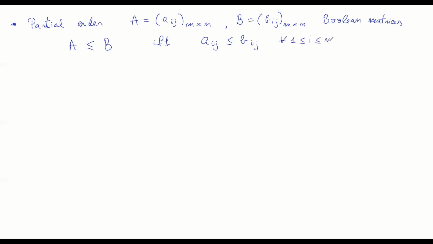In other words, if all the elements are smaller than or equal to the corresponding element in B, then I'm going to say that A is smaller than or equal to B.